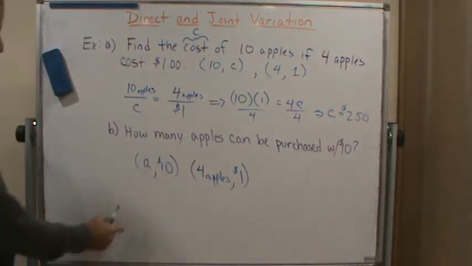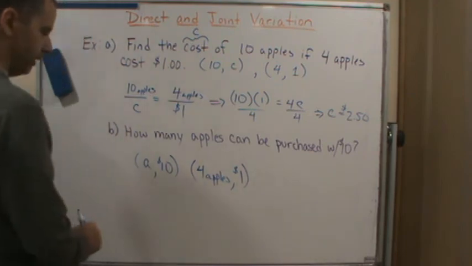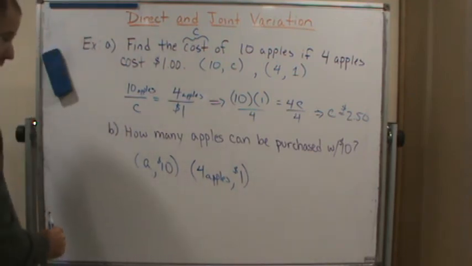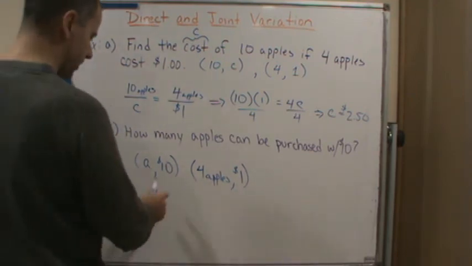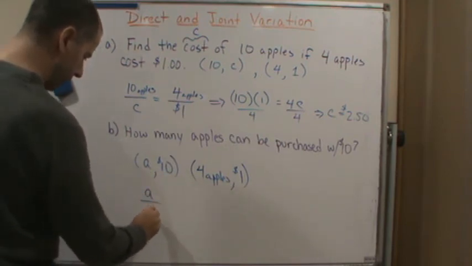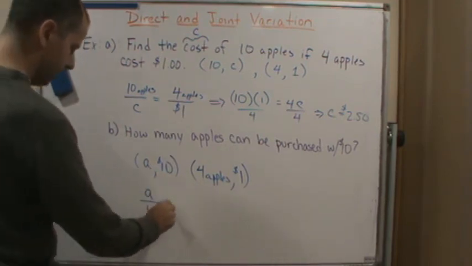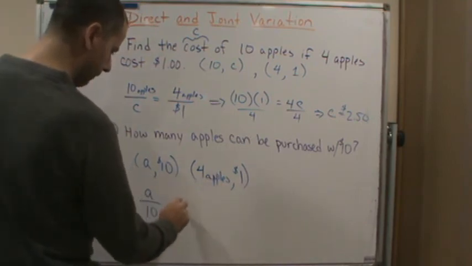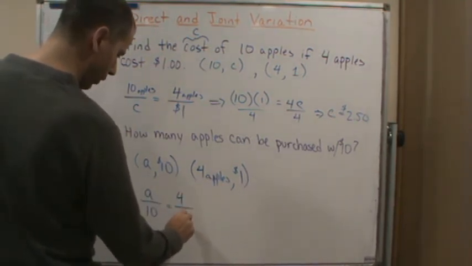So now I've got these two pairs of related values, and I'm going to set up my ratio. I'm going to put A over 10 for this pair equal to 4 over 1.